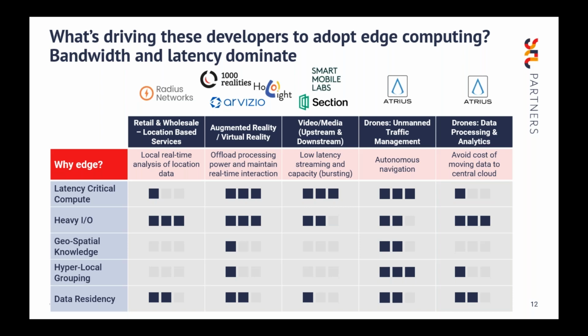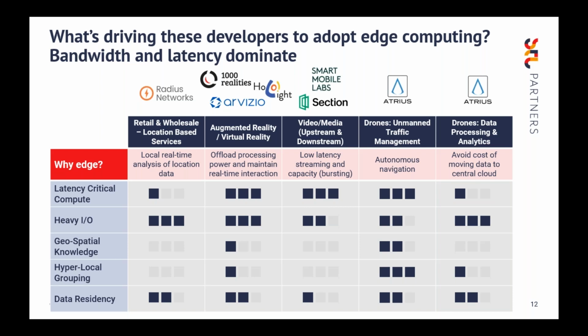From the interviews that we had, latency does come up as one of the critical factors, but there are other things going on. Here, Geoff referenced this idea of reducing bandwidth and reducing the need to move traffic back and forth in order to enable an application.